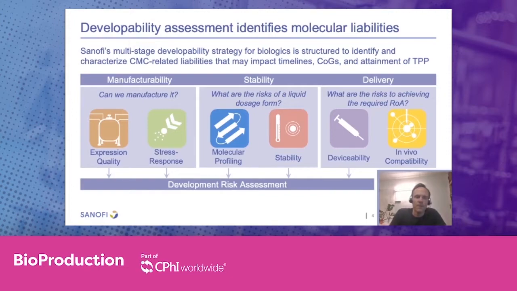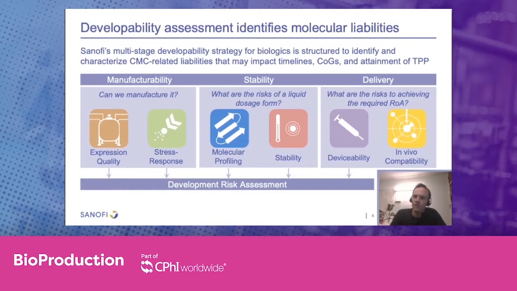We organize developability assessments along three main pillars: manufacturability, stability, and delivery. Essentially, all of the different liabilities that I listed in the previous slide fit into one of these three areas. So manufacturability is about the fit to the established manufacturing platform, stability is about fit to the required dosage form, and delivery is about fit to the required route of administration, including device-mediated delivery and in vivo outcomes.